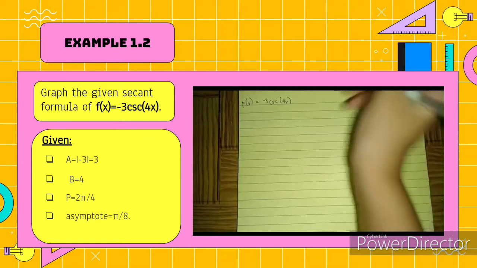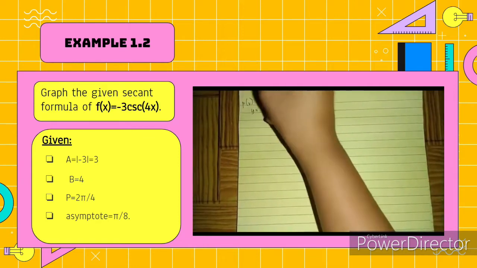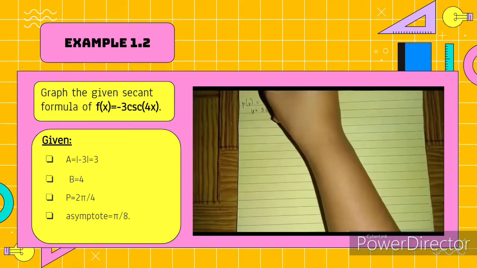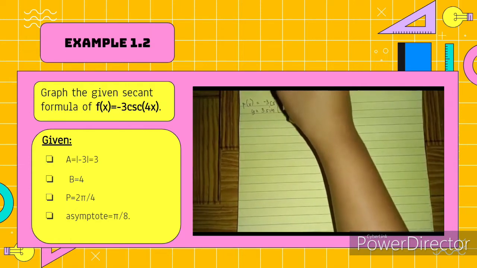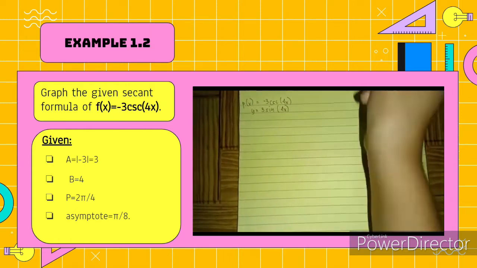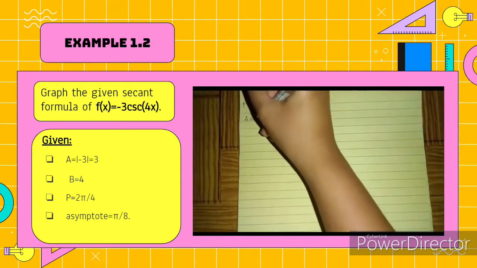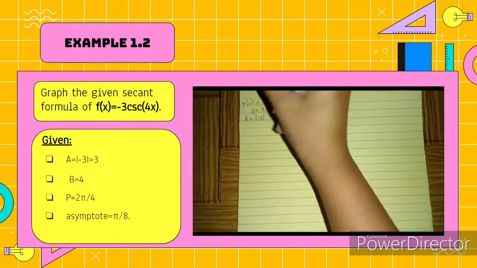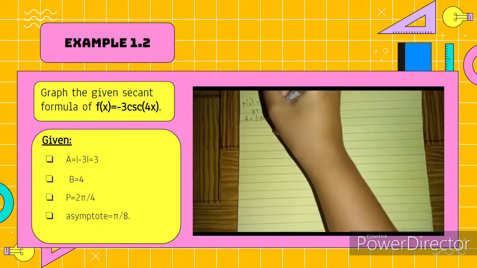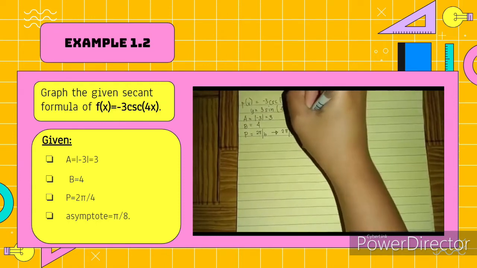For the second example, as I've said earlier, the cosecant function is the reciprocal identity of sine. The next thing we have here is our given, which is a, the absolute value of negative 3, equal to 3. Then b is equal to 4.